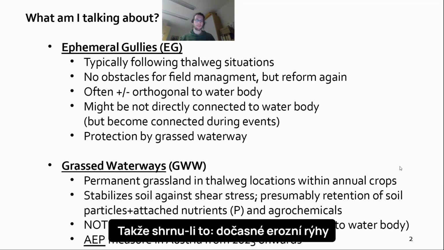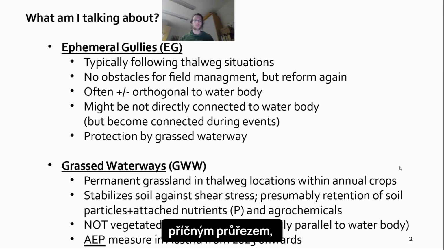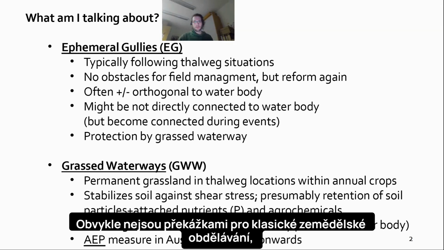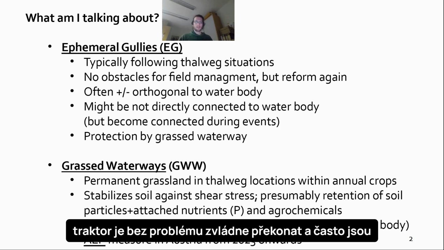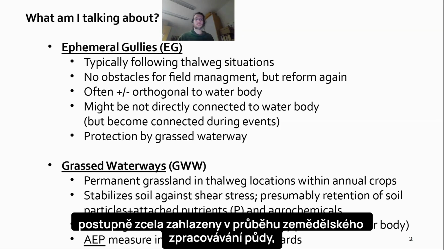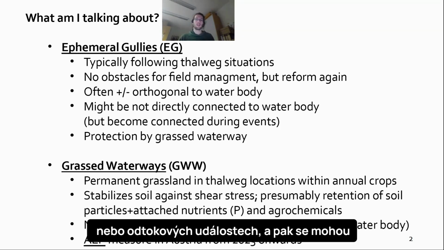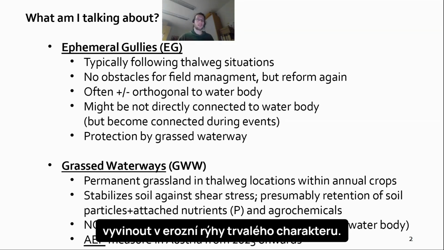So, to recap it, ephemeral gullies, these are features of linear erosion with a certain cross-section. They typically follow talweg situations in landscapes or catchments. They are usually not obstacles for field management, so a tractor can usually cross them, and they are even erased by tillage operations, but they tend to reform again after sufficiently large rainfall or runoff events, and they can then develop into permanent gullies.